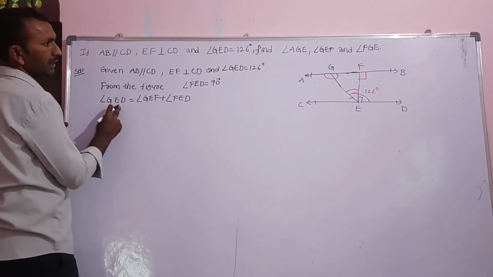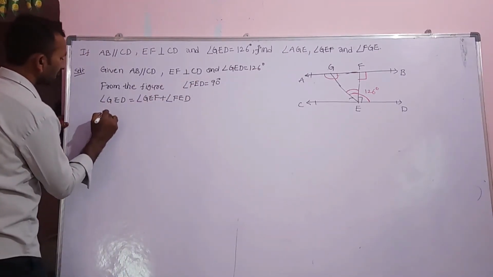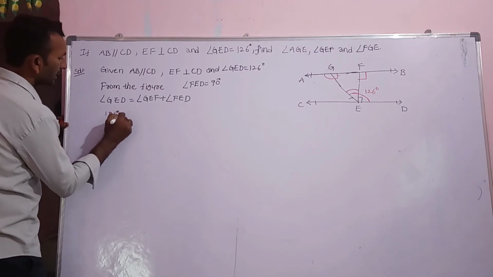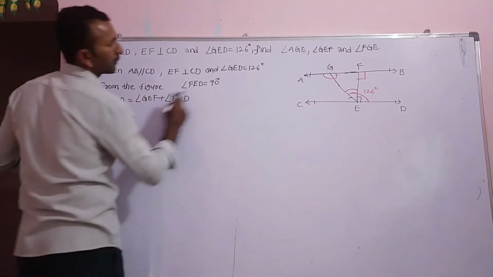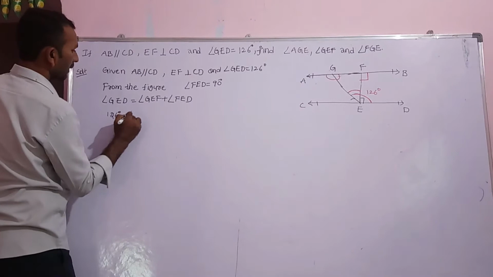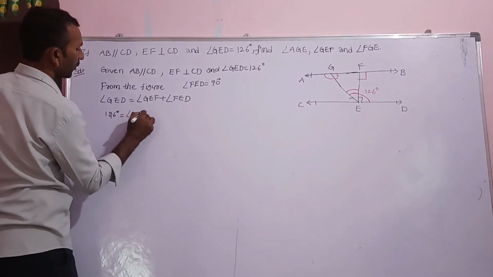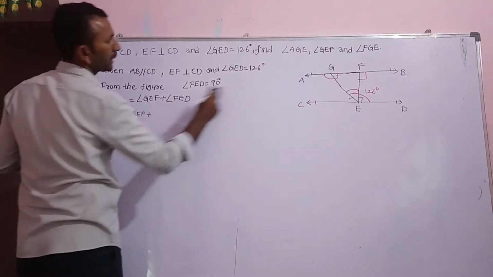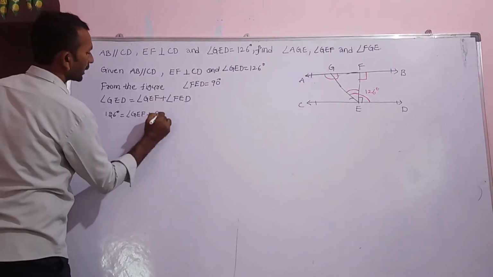That means angle GED equals how much? It is given as 126 degrees. So 126 degrees equals angle GEF plus angle FED. How much is FED? 90 degrees.